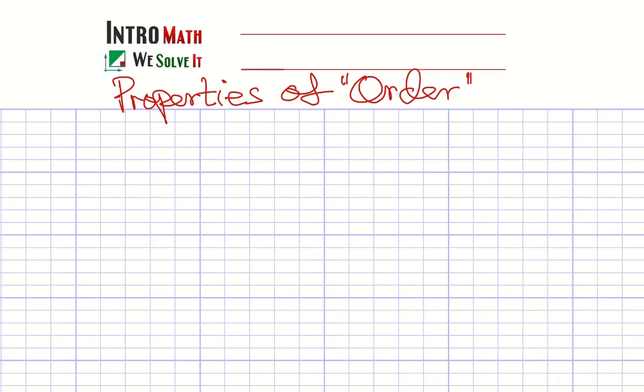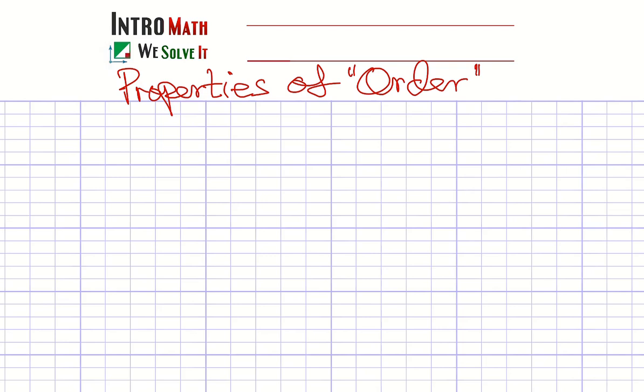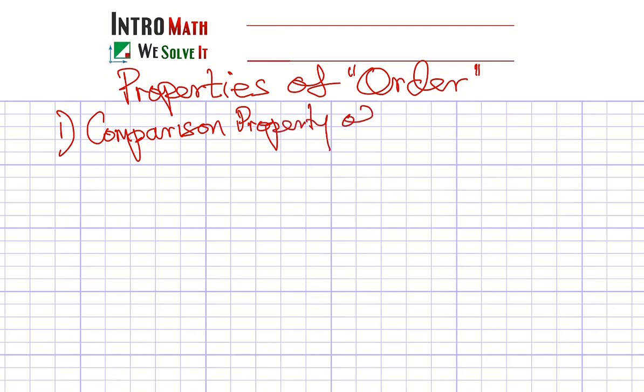Okay, so let's do it this way. We'll call it the comparison property of order. You can call it order or ordering.